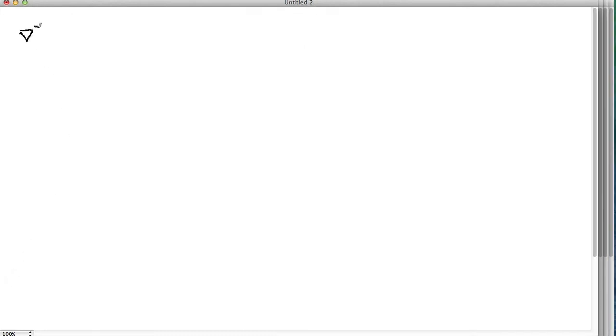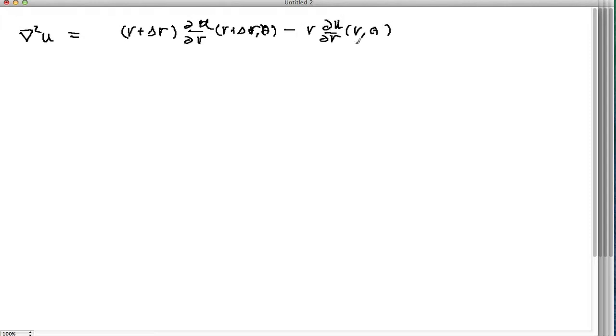So we have the Laplacian operator is going to be equal to r plus delta r partial of r u with respect to r plus delta r comma theta minus r partial of u with respect to r at r of theta, all divided by r delta r.